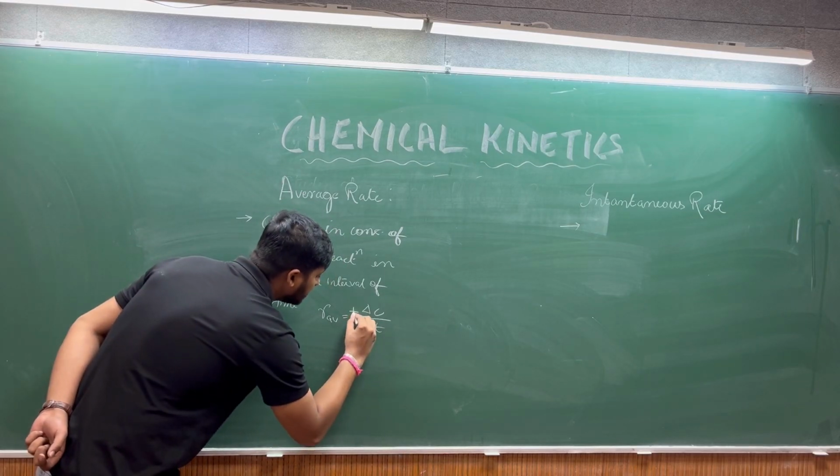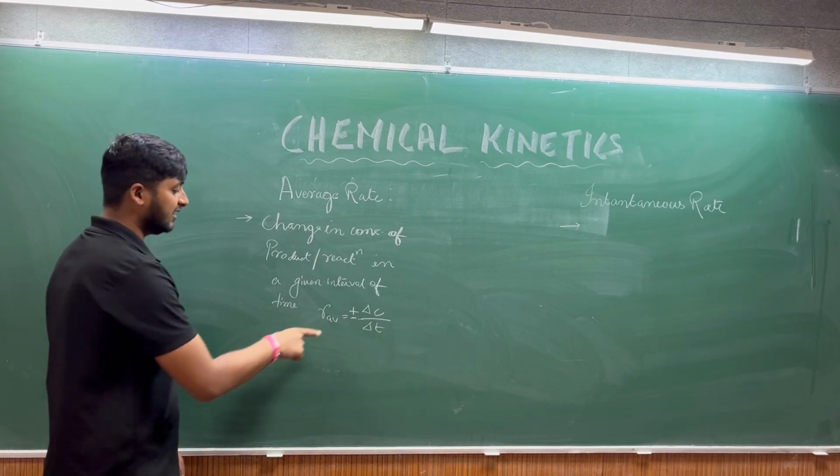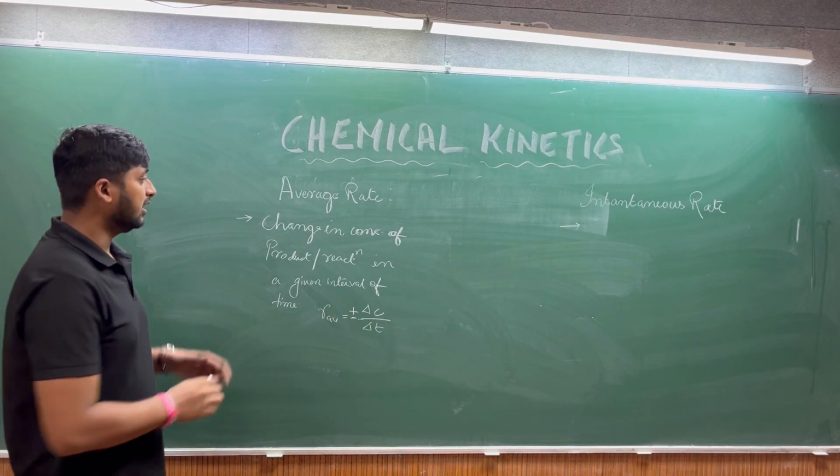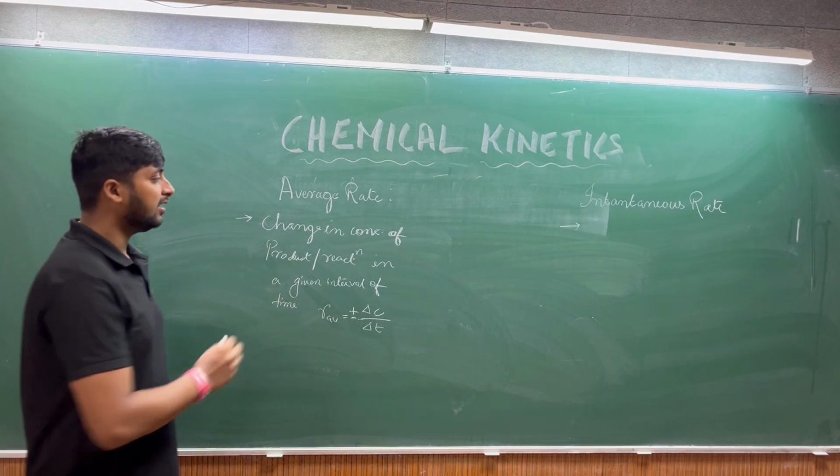And this has a plus or minus sign, and I will discuss why we are using a plus or minus sign. Now let's understand the average rate with a simple example.